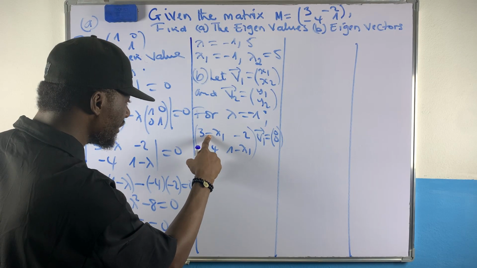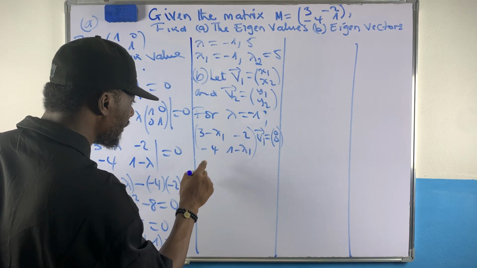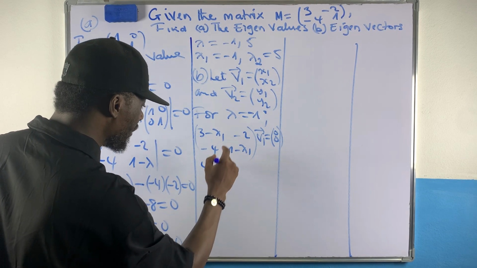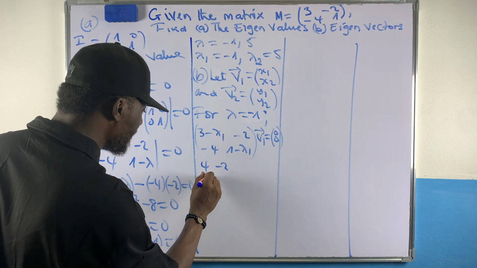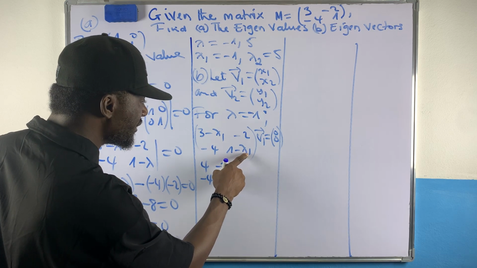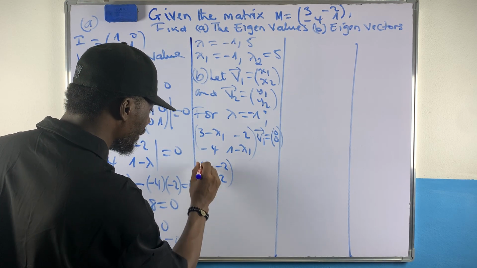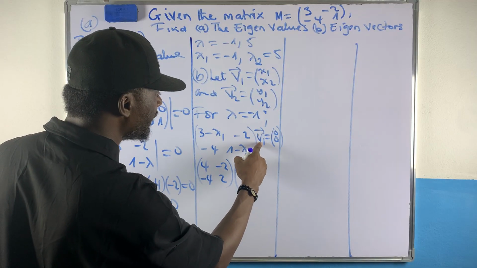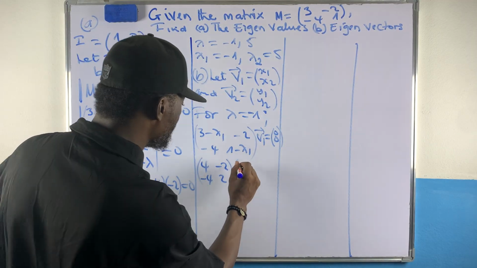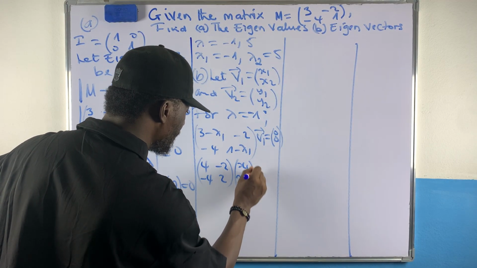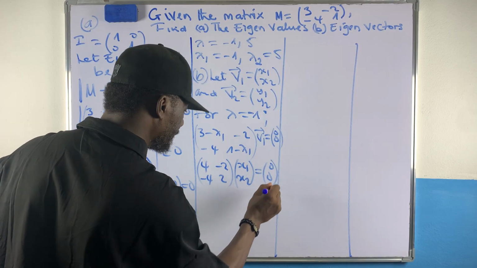When I plug in negative 1 here, I'm going to have 4 here. This one remains negative 2, negative 4. If I plug in negative 1 here, I'm going to have 2 here. So all this multiplied by the first eigenvector, which is x1, x2, should be equal to 0, 0.